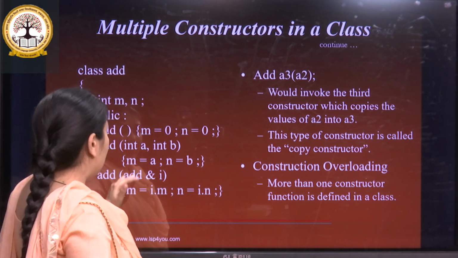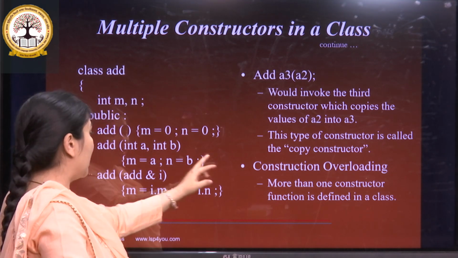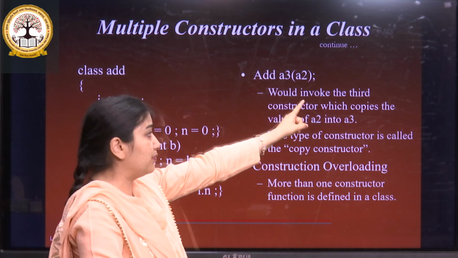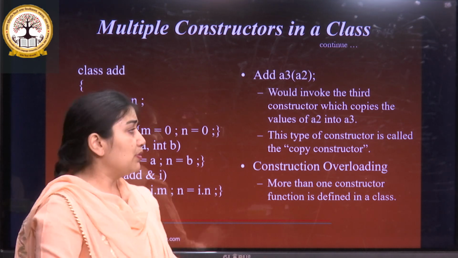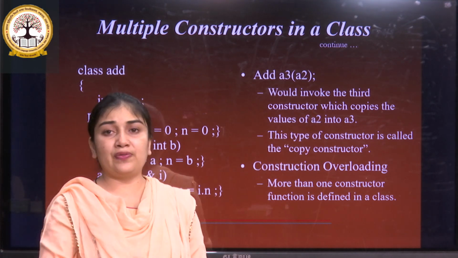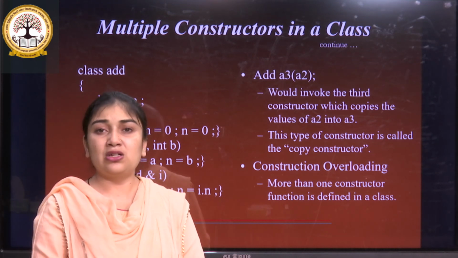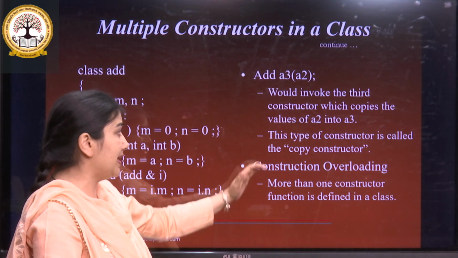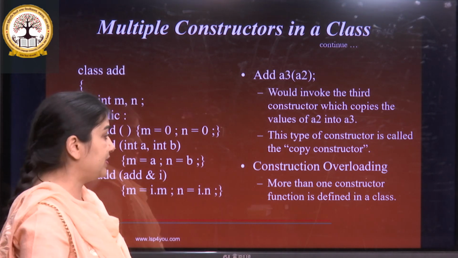Then, for an object A3 of the class add, where we pass A2, this would invoke the third constructor, which copies the values of A2 into A3. That comes under the concept of the copy constructor, which I will explain in detail in my next session.